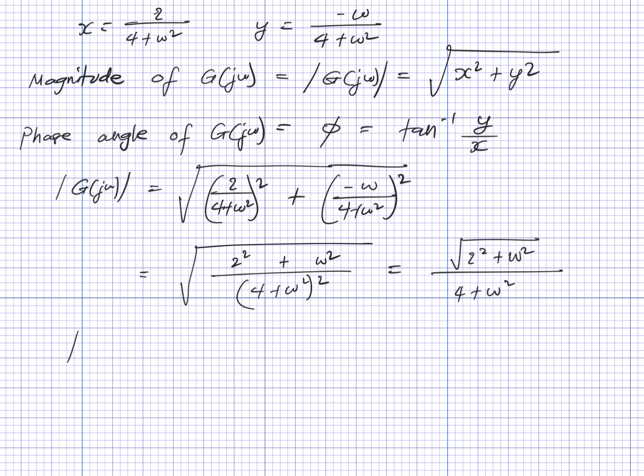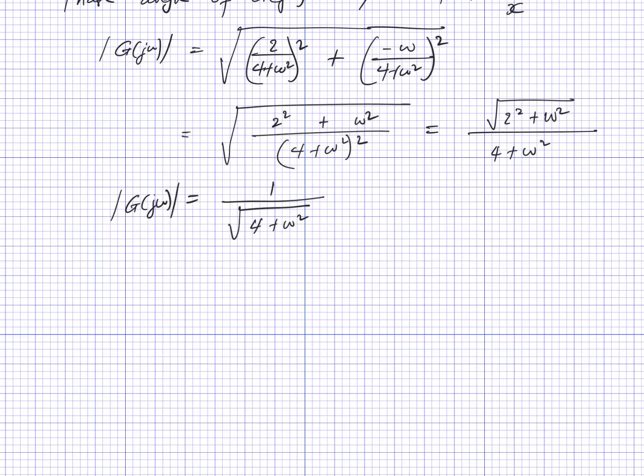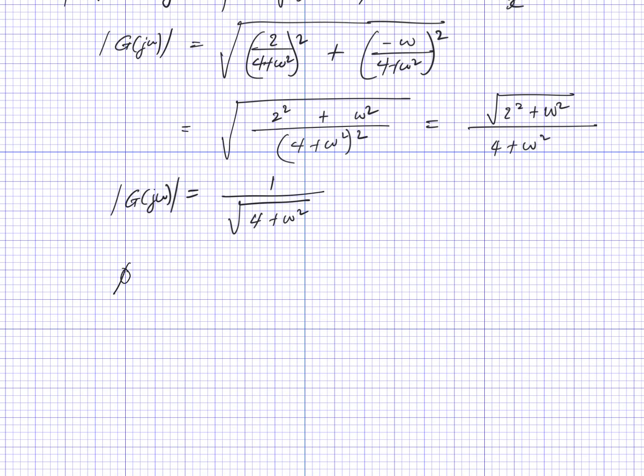And so our magnitude is further simplified to 1 over the square root of 4 plus omega squared. So that's the magnitude. And then the phase angle is the arctangent of the y component divided by the x component.